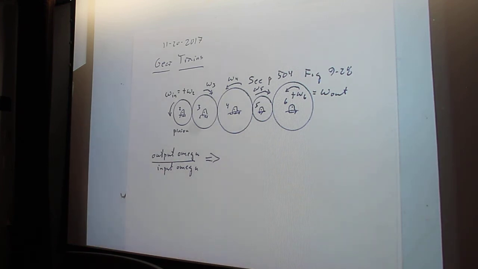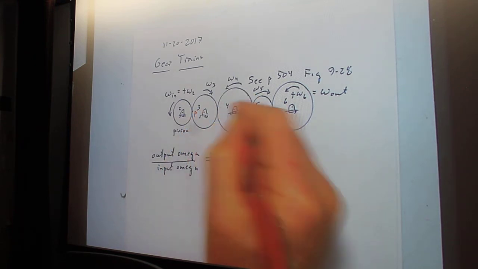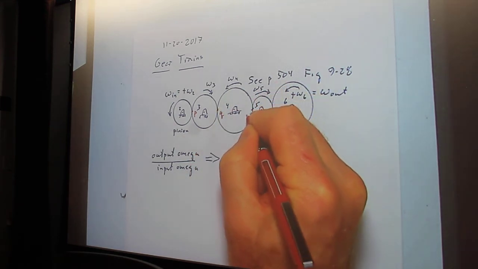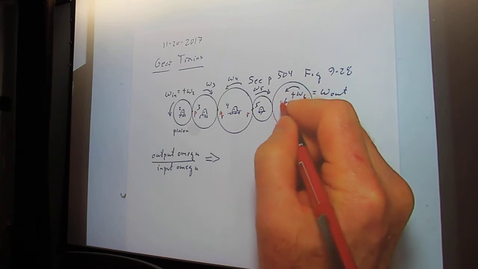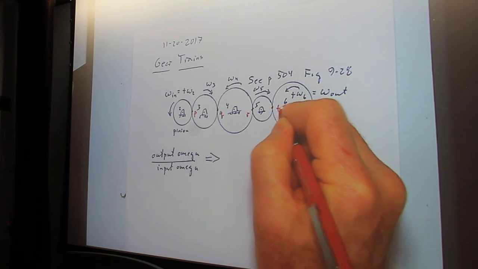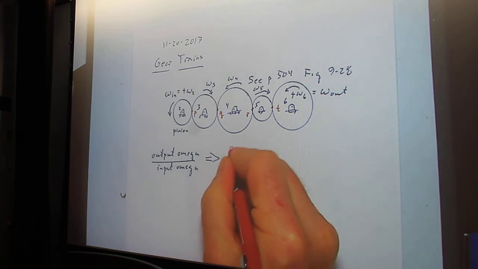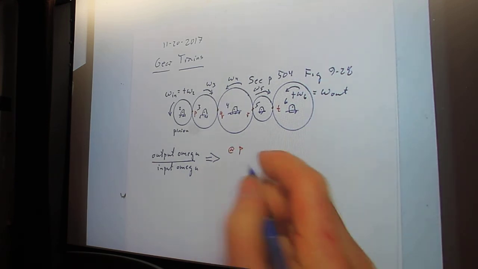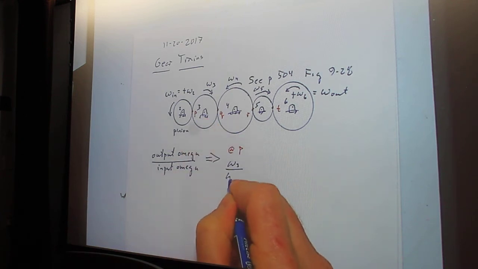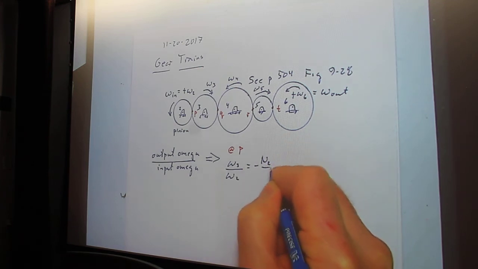If I label the pitch points P, Q, R, and T. At P, I have omega 3, that's the output, over omega 2, which equals minus n2 over n3.